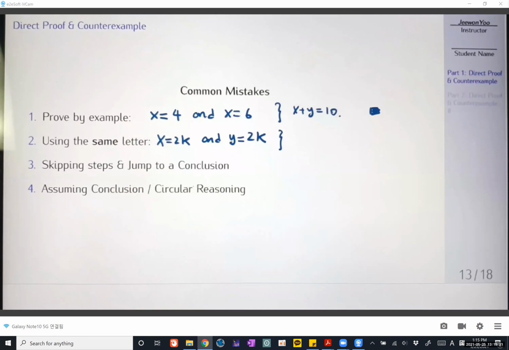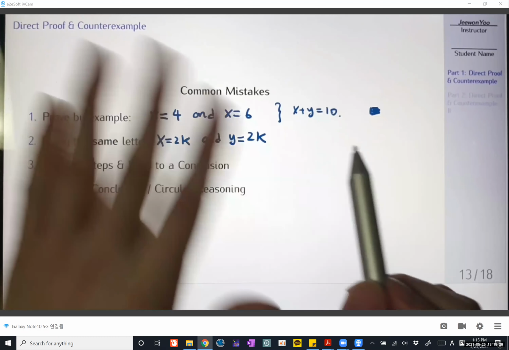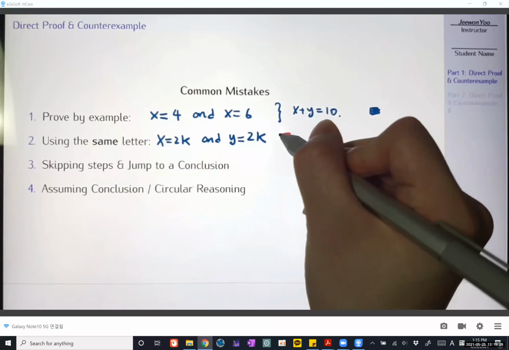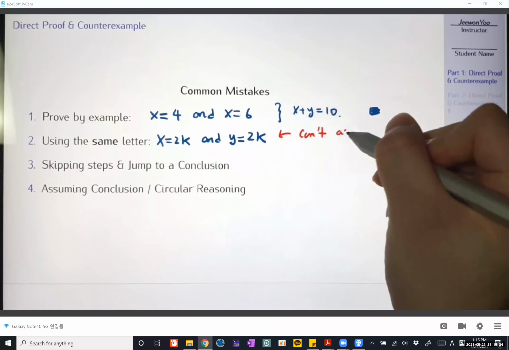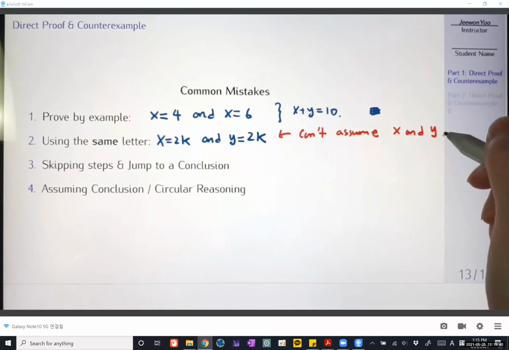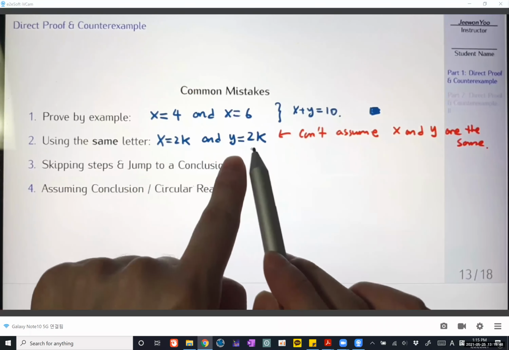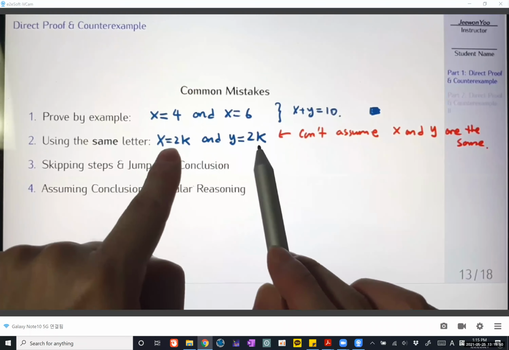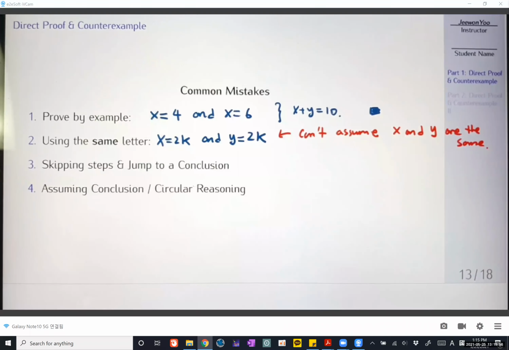And you guys know that writing the same variable k and k, it's not wrong, but it's not good because, here's my comment, we cannot assume x and y are the same. If you assume x is equal to 2k and y is equal to 2k, then you're assuming x and y are the same element. But that's not the case, right? We usually pick two different numbers for this example.